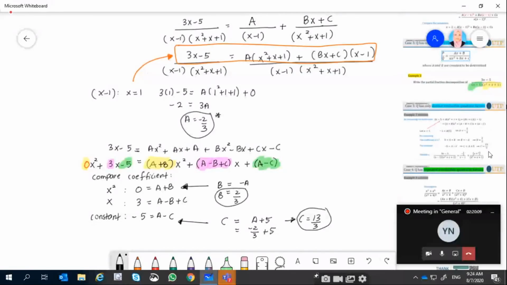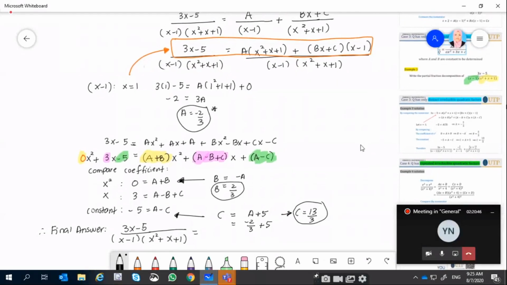Okay, so now all the constants are there, so you have to substitute them into the expression in order to have the final answer. So that's the final answer: (3s minus 5) over (s minus 1)(s squared plus s plus 1) equals, what is a?